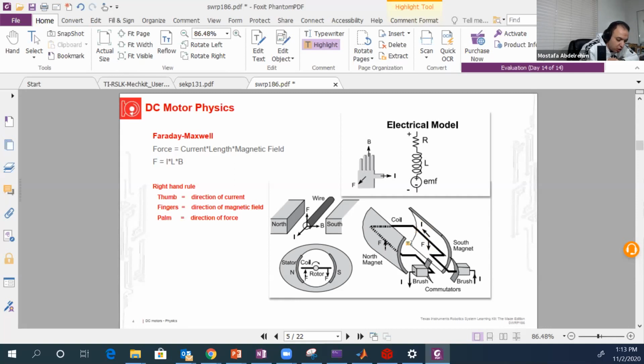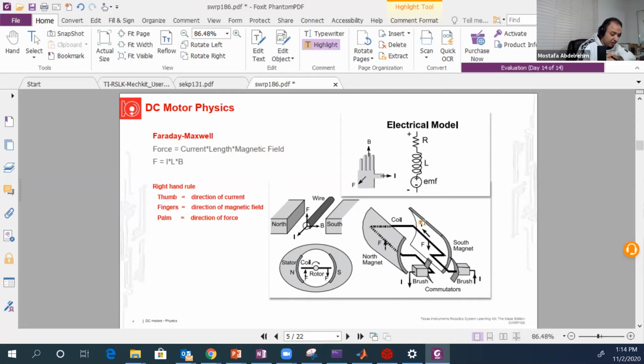So the force will be the opposite, upward. One force makes one wire go down, another force makes the other wire go up, so you will have a rotation. And if you have many of these wires, which is the coil of the motor, you will have a big rotation.